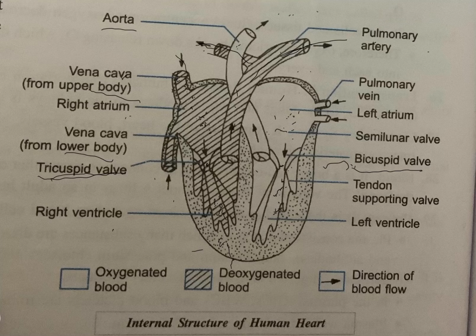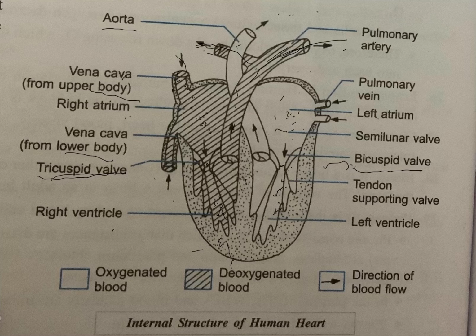The pulmonary trunk divides into two parts, left pulmonary artery and right pulmonary artery. The left pulmonary artery carries blood to the left lung and the right to the right lung. After that, blood is oxygenated in the lungs and then returns through the pulmonary vein to the left auricle. And this circulation is known as pulmonary circulation.